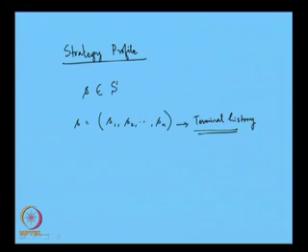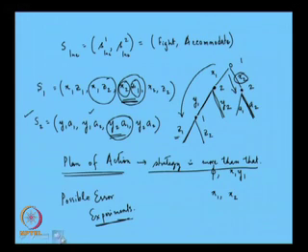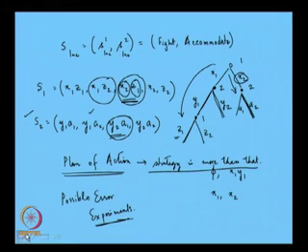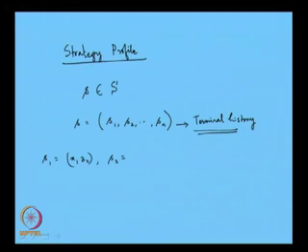So, S1 here is x1 z2 and S2 here is y2 a1. So, small s is x1 z2, y2 a1.